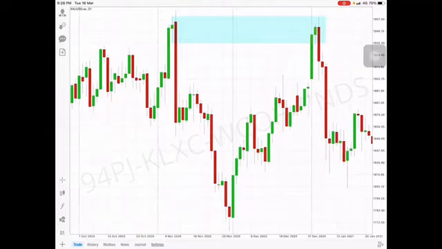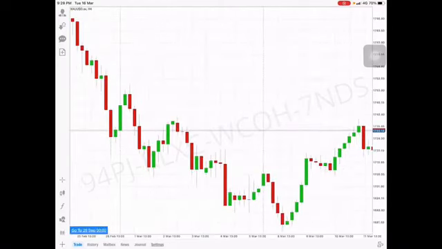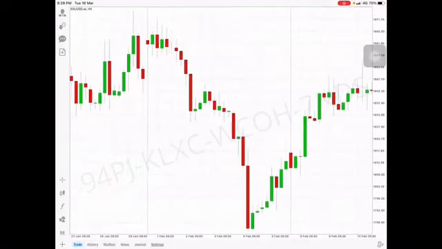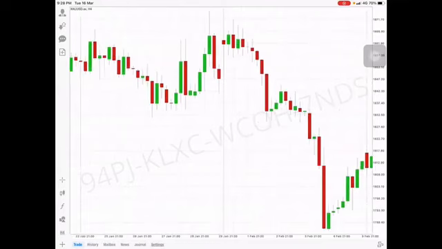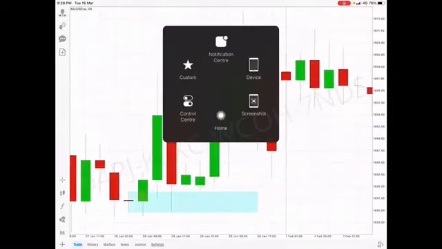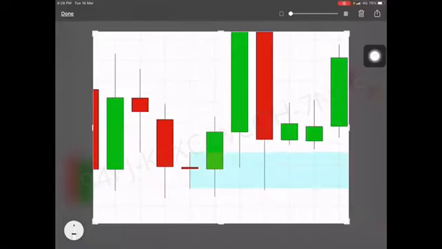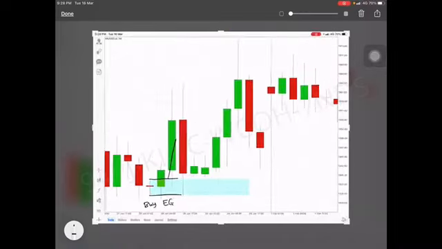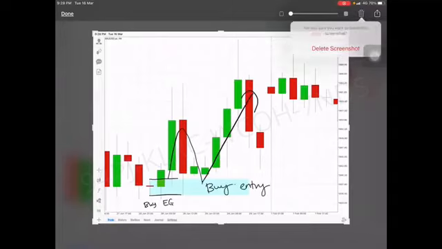Let's say if you go to H4, like this. Do you see this? This is a buy engulfing. So when the price comes back, you can entry for buy.